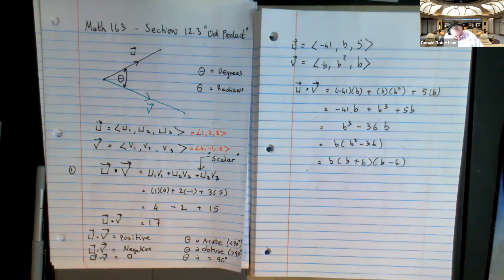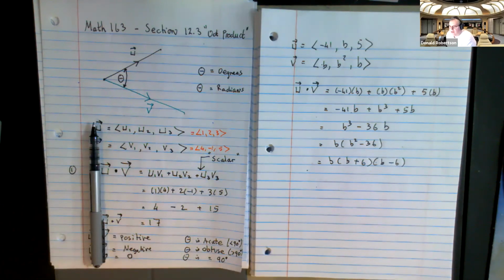Why is this version going to be nice? If the dot product is 0, what do we know about the angle between the two vectors? It's 90. So that must mean there's only certain values of b where these two vectors will end up being 90 degrees apart. And there are only 3 values of b that will be true.